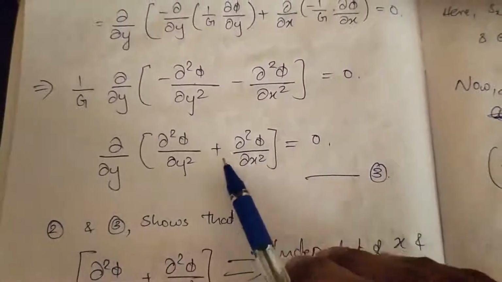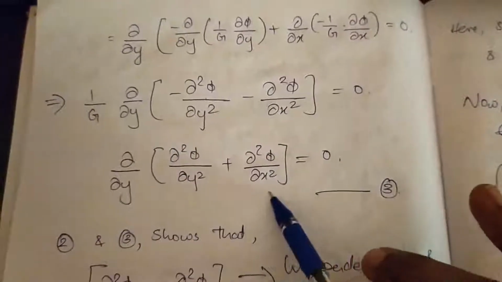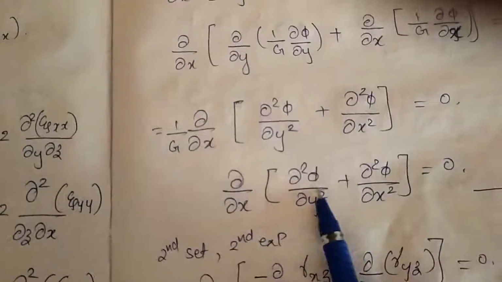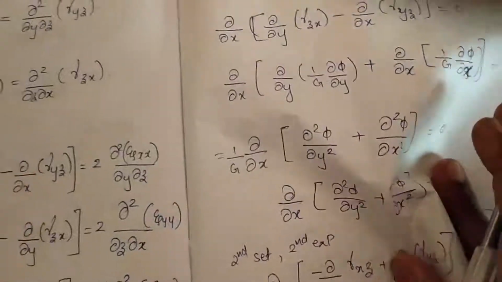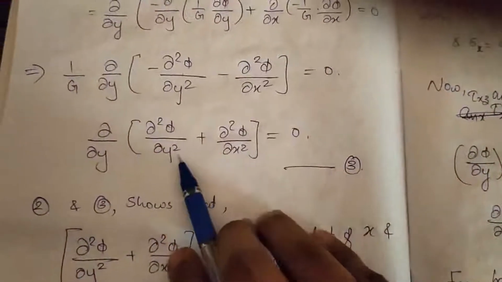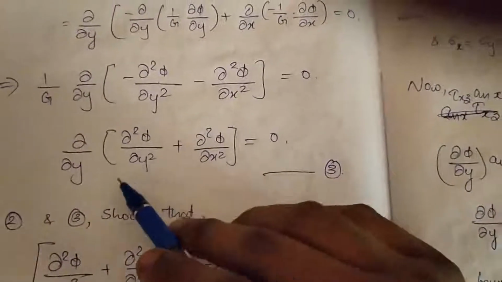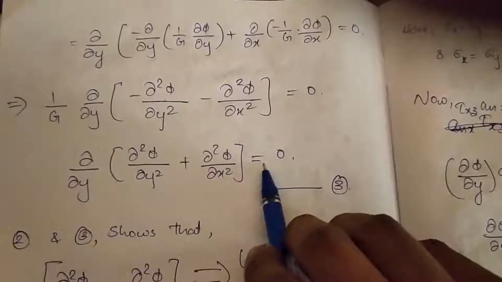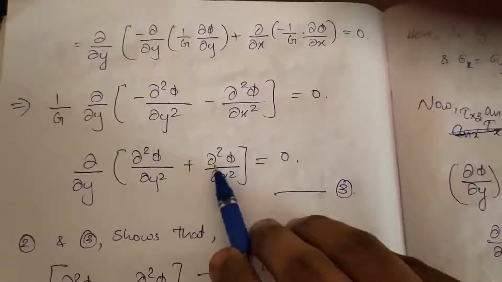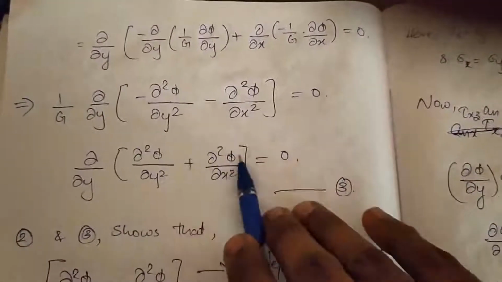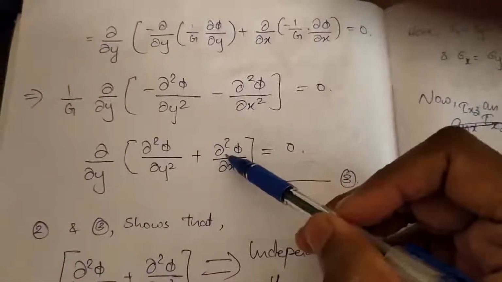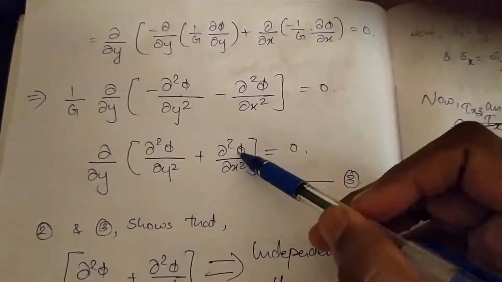Okay, that means you have dou by dou y here and dou by dou x here, and the term inside the bracket is the same in both cases. Whatever be the variable in which it is getting differentiated, the answer you are getting is 0. Okay, that means this term is independent of x and y, and also this is a constant.